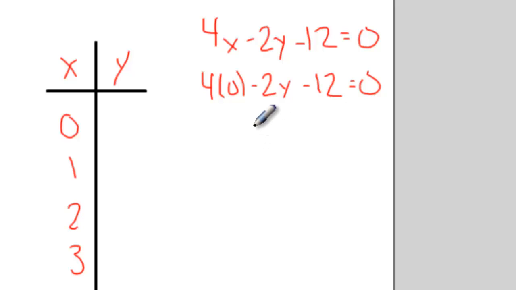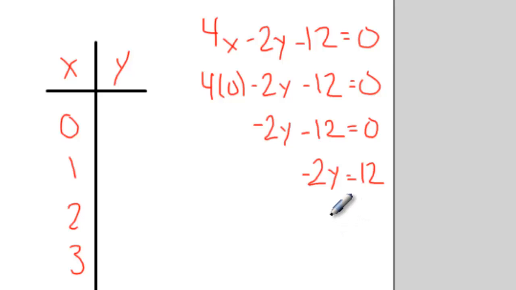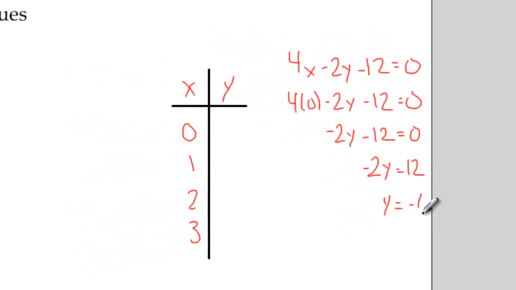Now I have a little bit more work to do because I have everything on one side of the equal sign. I need to bring that negative 12 to the other side. It becomes positive 12. I need to divide both sides by negative 2. 12 divided by negative 2 is negative 6.